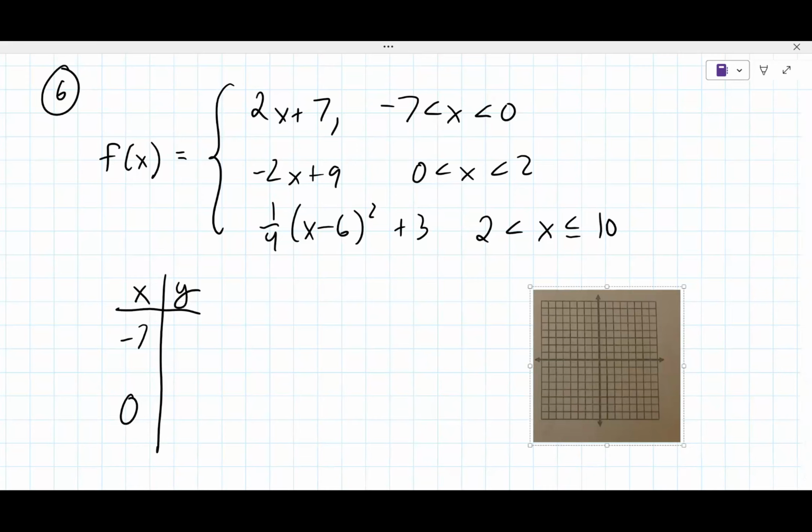Let me know when you have that down. Okay, now the middle piece is good from 0 to 2, so we have to put 0 and 2 into the middle piece.